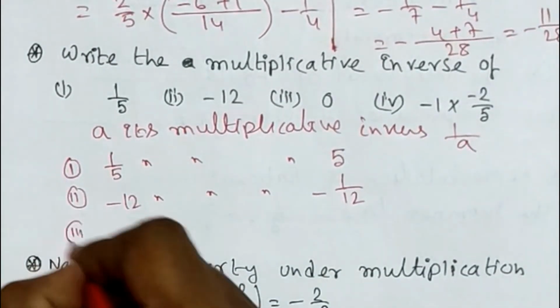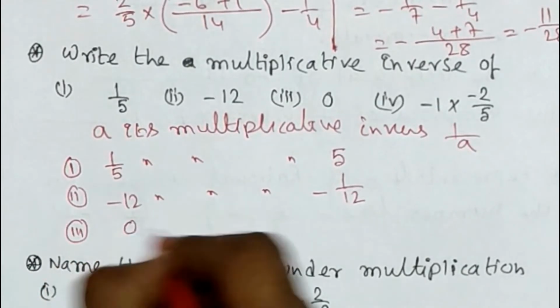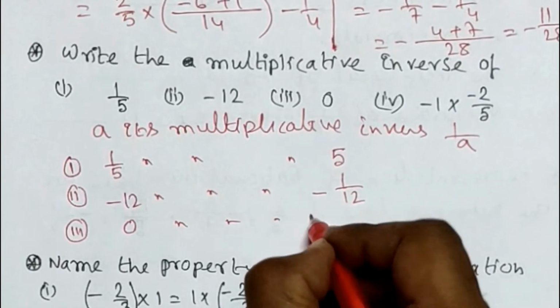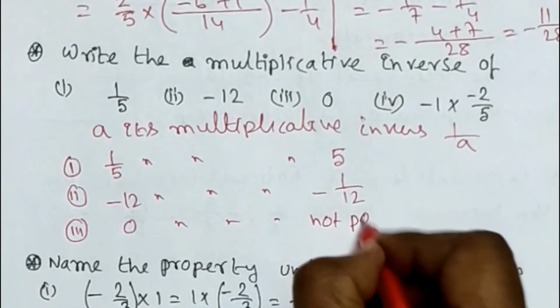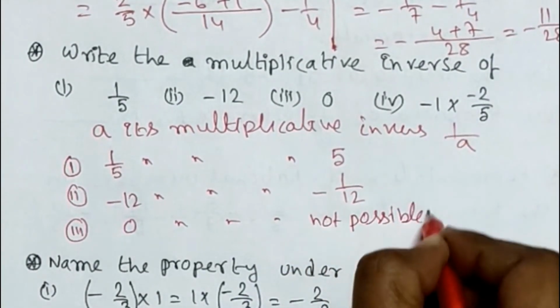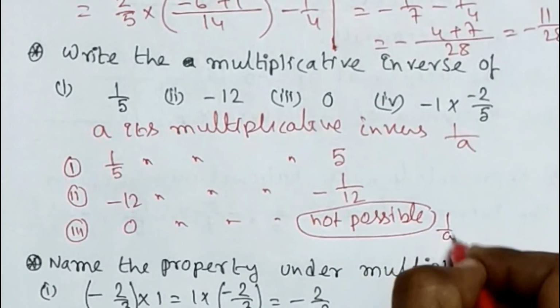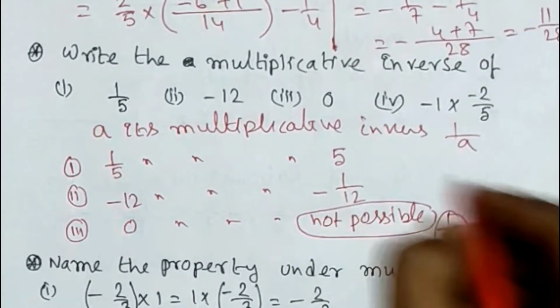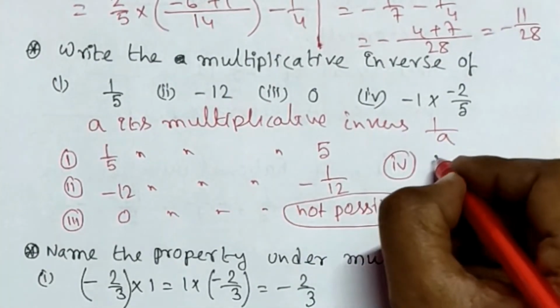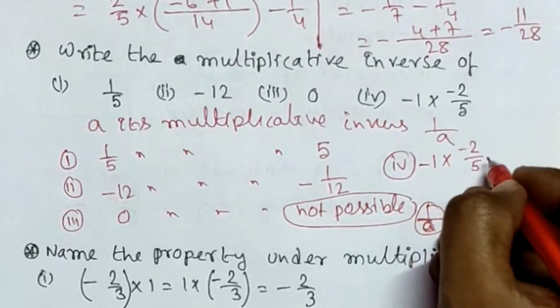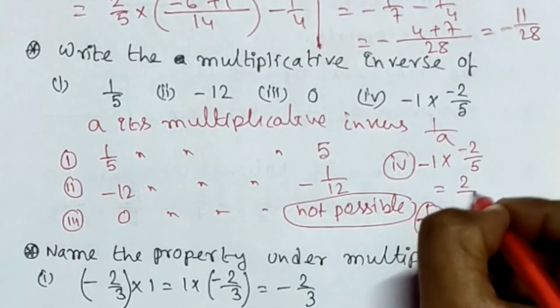For 3, 0, its multiplicative inverse is not possible, right? Because we can't take 1 by 0. Okay, and for 4, the multiplicative inverse will be 1 into minus 1 into minus 2 by 5, that is 2 by 5.